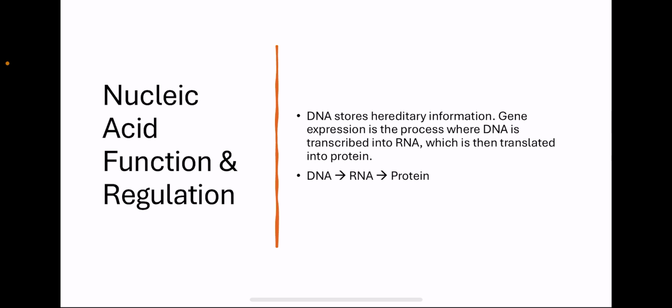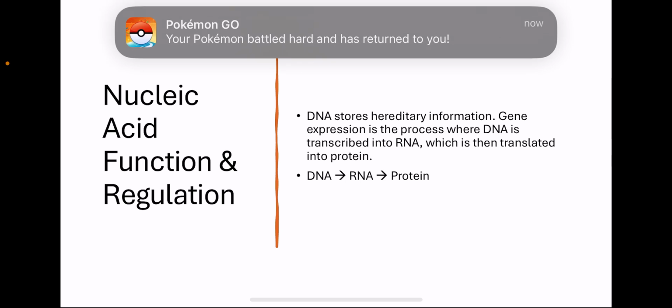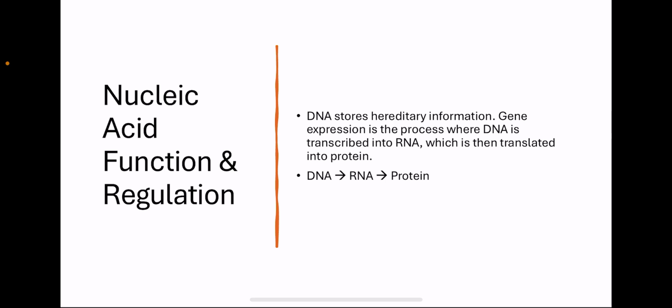Gene expression involves regulated transcription of DNA into RNA, followed by a translation of that RNA into functional proteins. This regulation ensures genes are expressed in the right cells at the right times and quantities. So DNA is transcribed to RNA, which is translated to proteins.